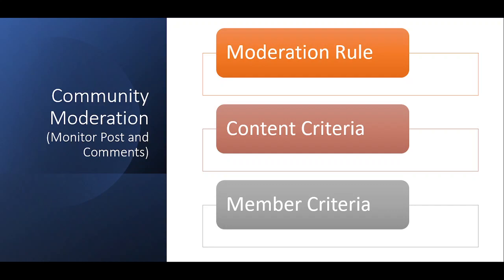The first thing I need to explain is why we need community moderation. So, for example, if you want to ban spammers or bots from writing any inappropriate words, or you want to moderate the community content, in that case, we just enable this configuration and disable anybody from using any bad words or any inappropriate words in the comment or the post.